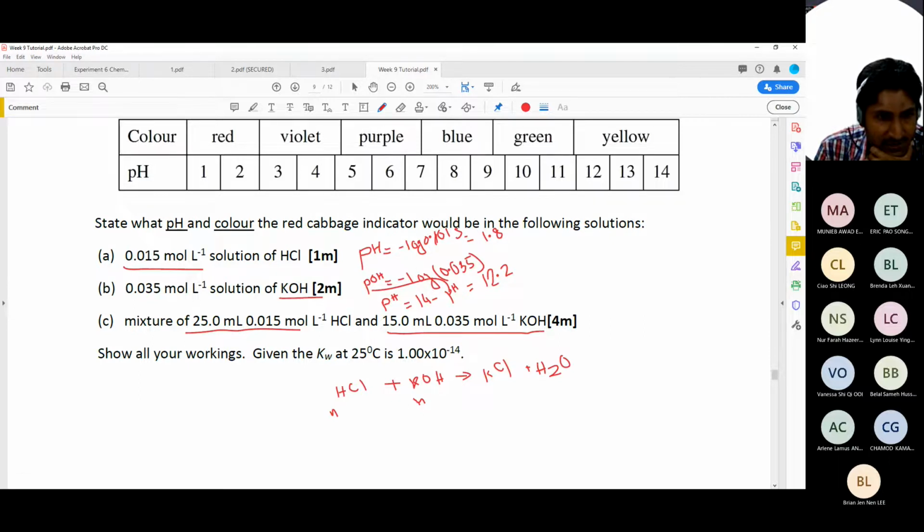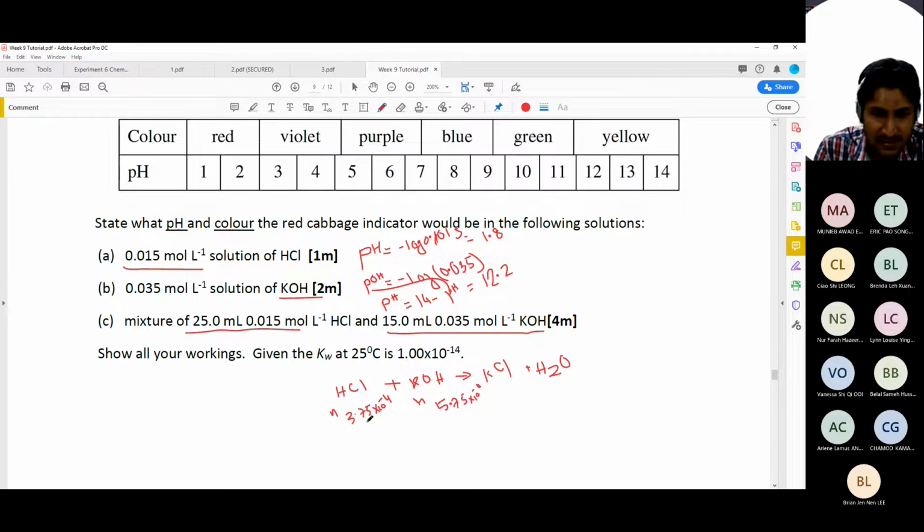For HCl, it is 3.75 times 10⁻⁴, and for potassium hydroxide, it is 5.25 times 10⁻⁴.